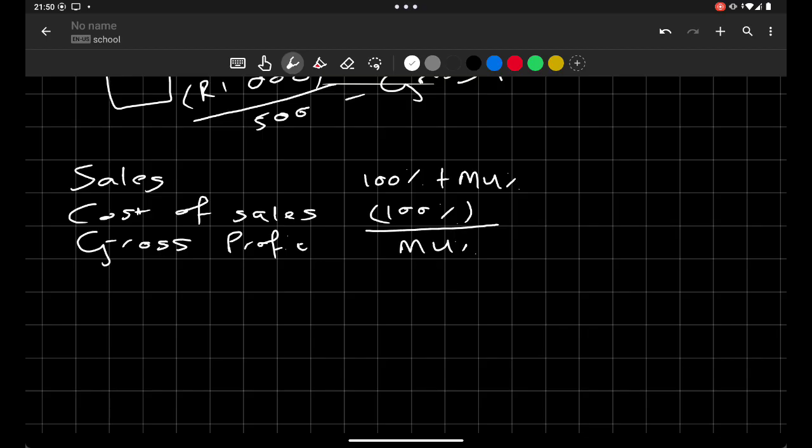As we said, the difference between your cost of sales and your sales is your gross profit, and that is the markup. Because if you look here, cost of sales is 100%, and then here it's 100% on sales plus the markup. If you deduct those two, what are you left with? Only the markup, and that is what we have here, right?